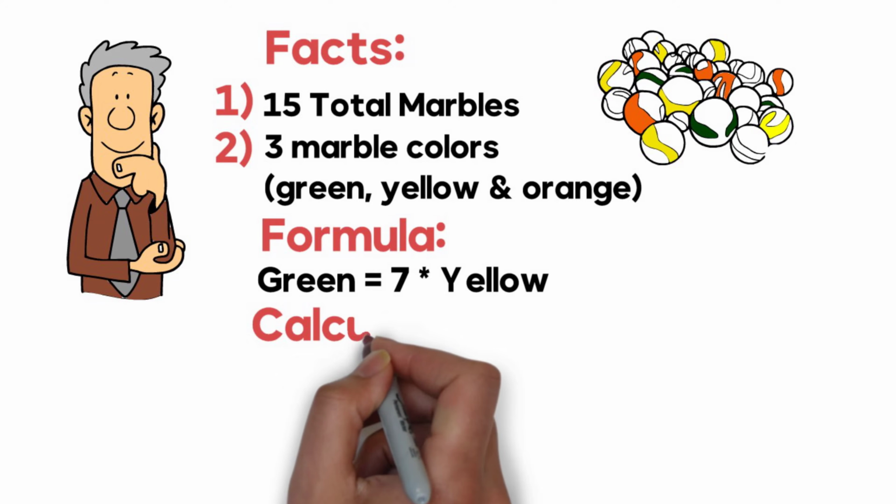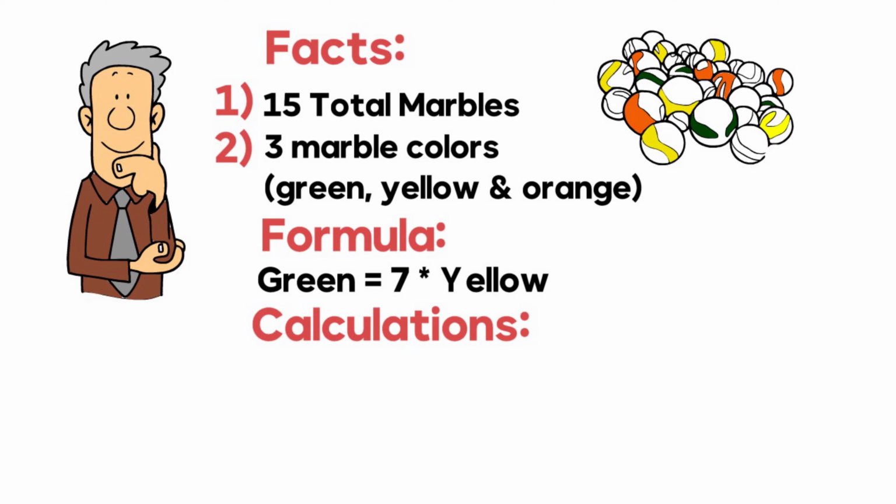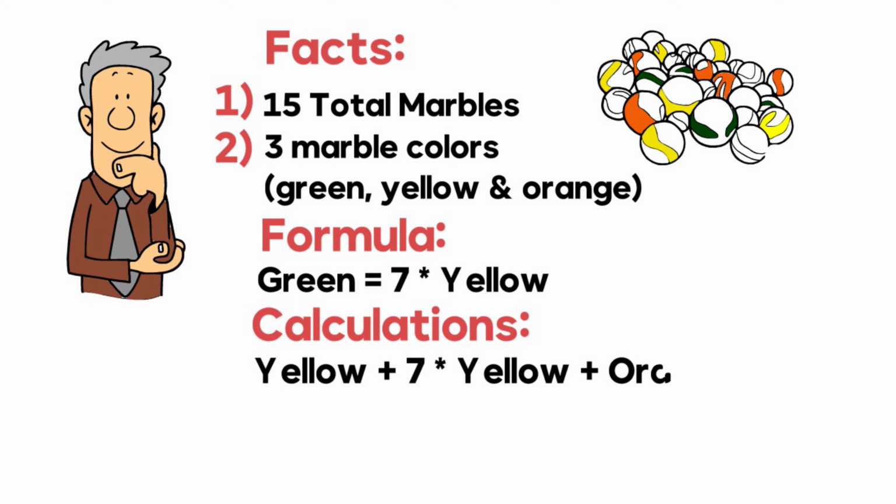With this type of information, we can easily build the calculations. And we will base our calculation off of yellow marbles. The calculation will be yellow marbles plus 7 multiplied by yellow marbles plus orange marbles equals 15.